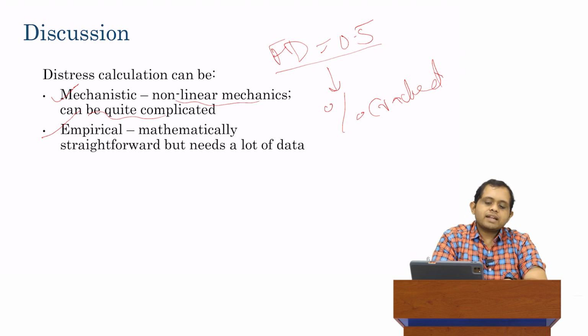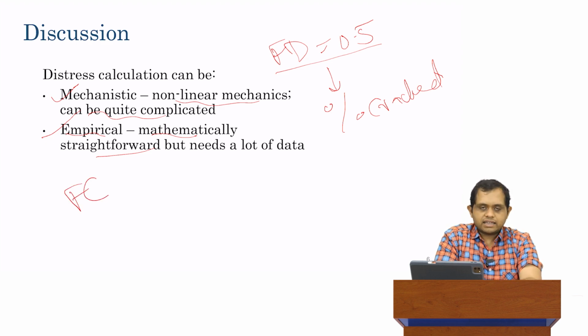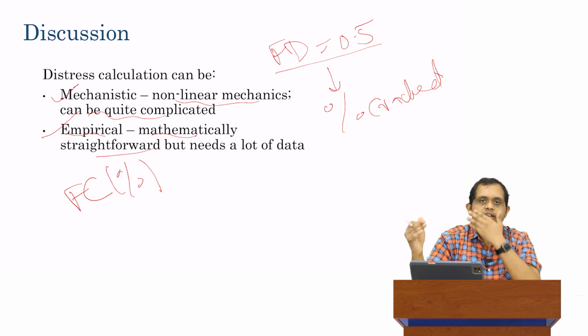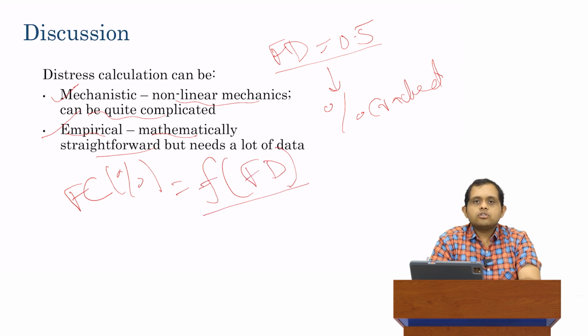Instead, what we use is an empirical method. The empirical method basically gives us a simple empirical, and empirical again meaning statistical, relationship. That is, it tells us, let's say fatigue cracking, I call this FC. Fatigue cracking naturally as a percentage. This is percentage of slabs which are cracked within a certain length of interest. The fatigue cracking is some function, we'll see what the function is, of fatigue damage, and this function is derived by using simple correlations.